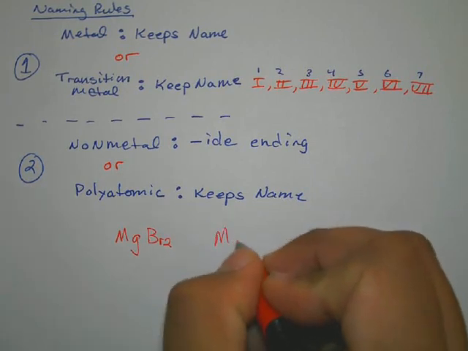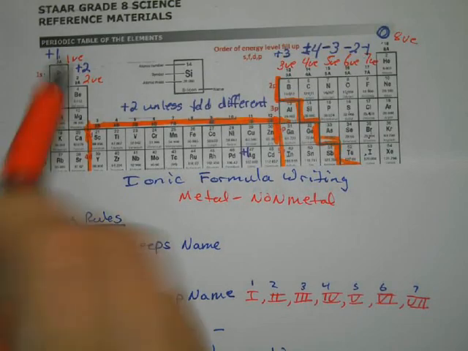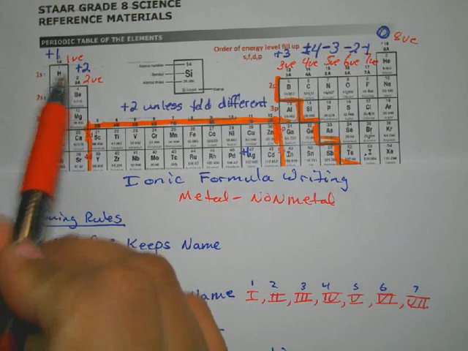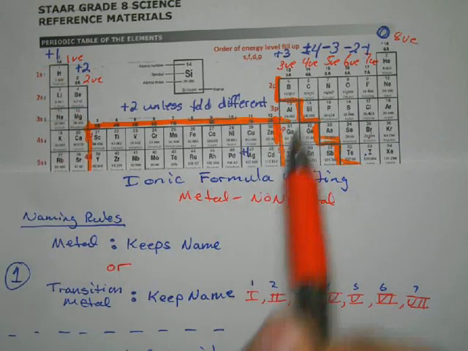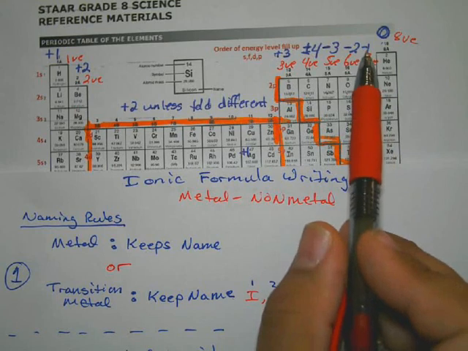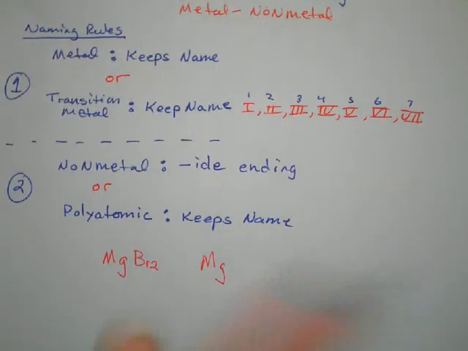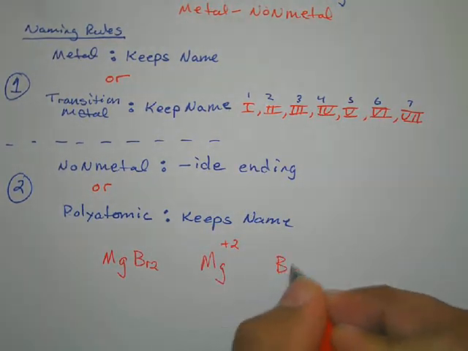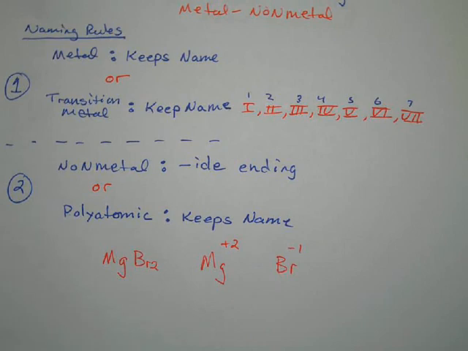We had magnesium, and if I come over here to magnesium, Mg, he has that +2 oxidation number. And that bromine right here has a -1 oxidation number, okay? So if I undo what happened, I have a magnesium with a +2 oxidation number and a bromine with a -1 oxidation number. This is how we started off.